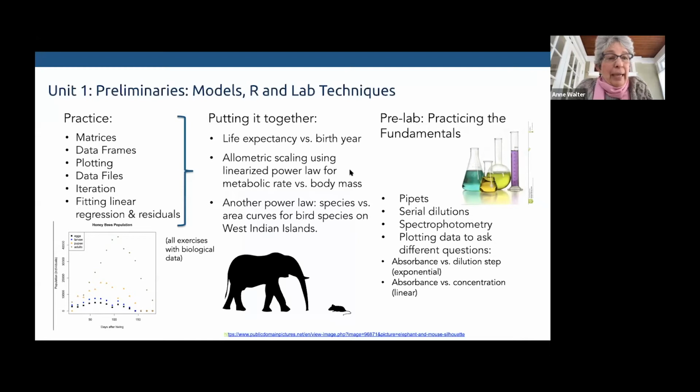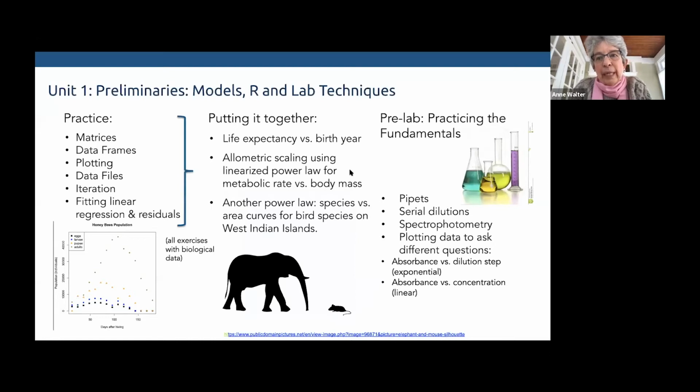We don't do this practice in a vacuum, but we practice with real data, and then maybe answer a few small questions. We look at life expectancy versus birth year, ask whether it's linear. We learn to transform data and looking at allometric scaling and a linearized power law using logs of the data, for example.